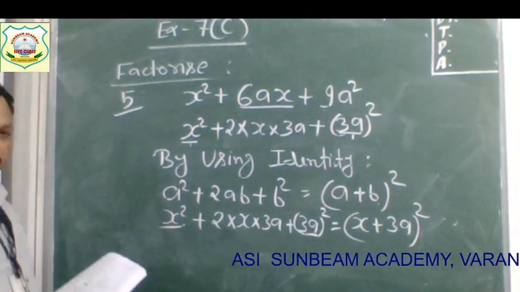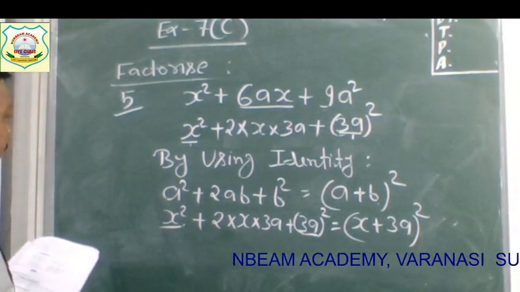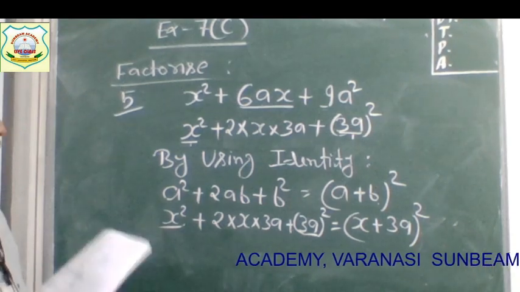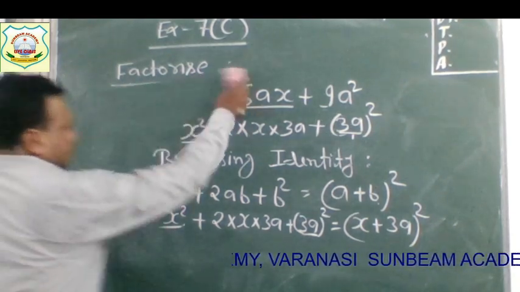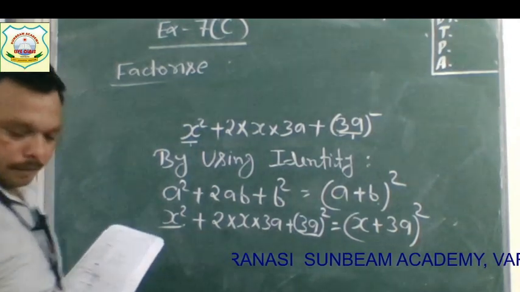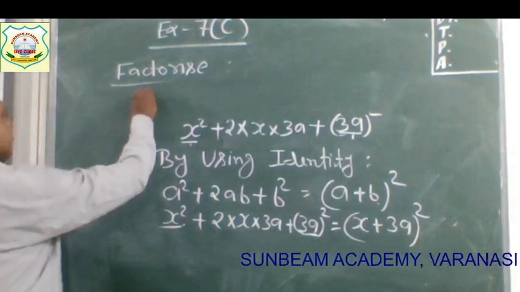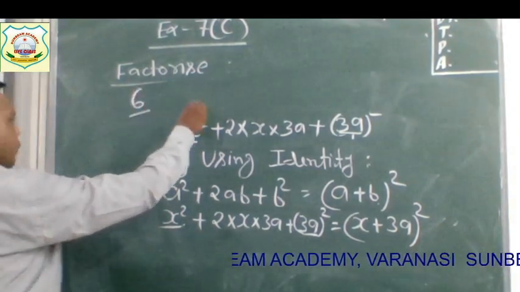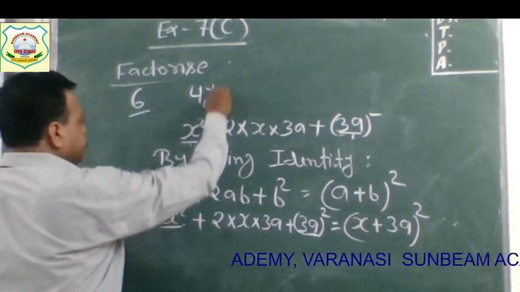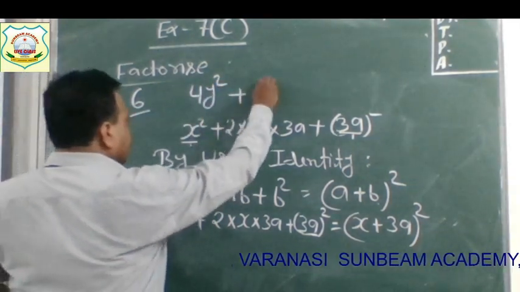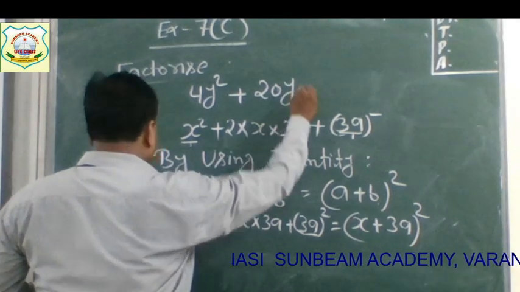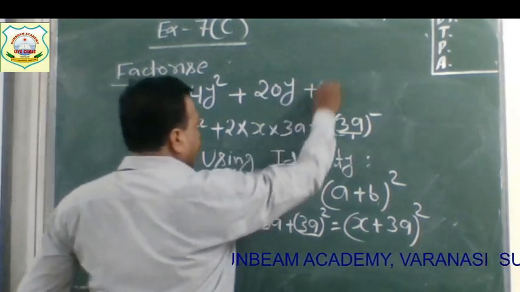Question number 6, a little bit different from question number 5: 4y square plus 20y plus 25.